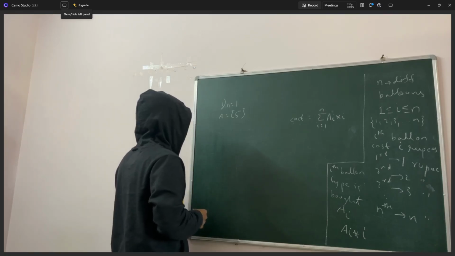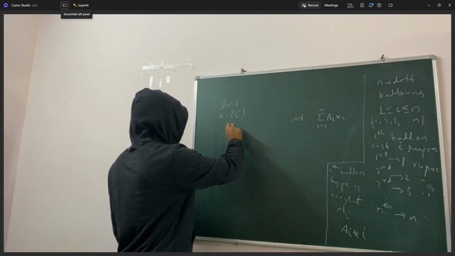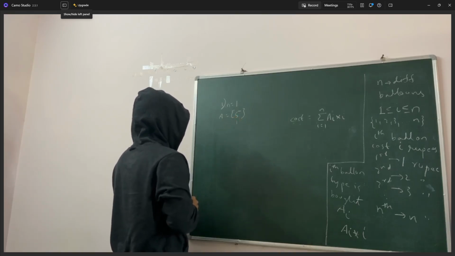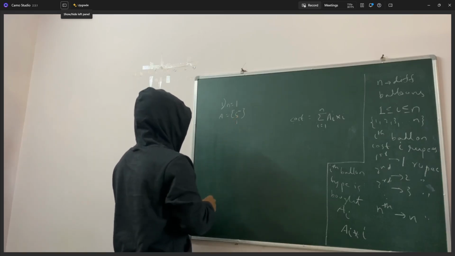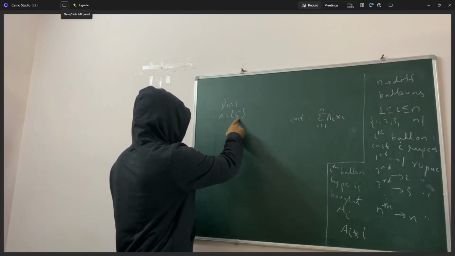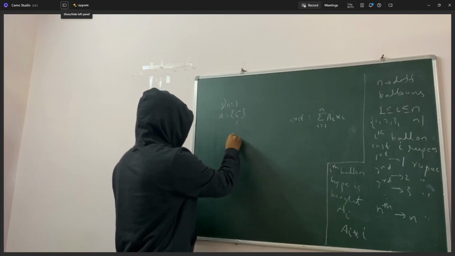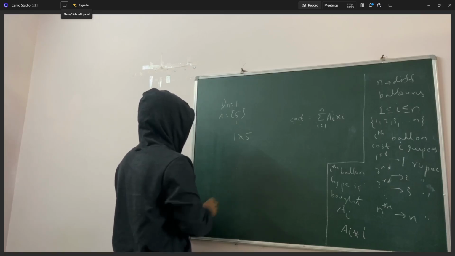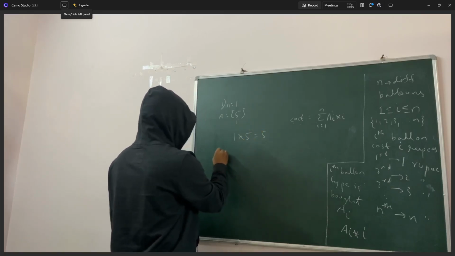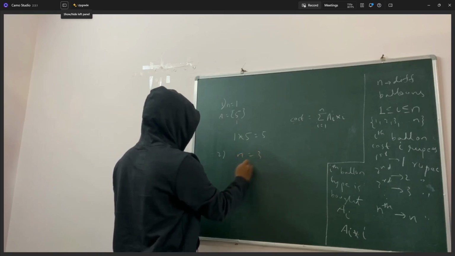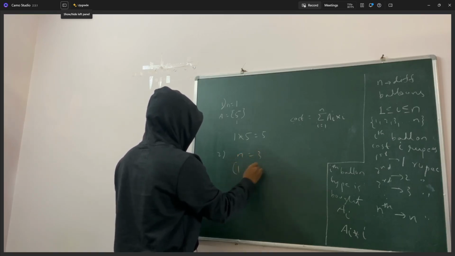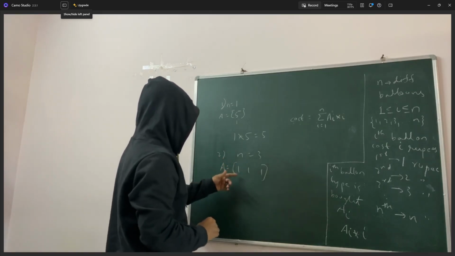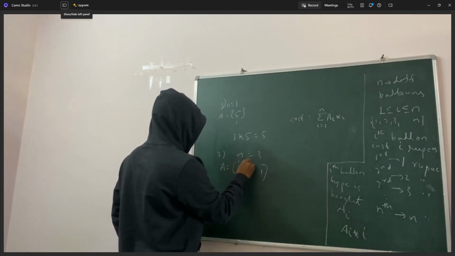What they're saying is you have only one balloon type and it is indexed 1. You have bought 5 items. If you had bought one balloon, it would cost you 1 rupee, but you have 5, so it costs 5. So the cost here is 5. In the second example, they've given 3 types of balloons: type 1, type 2 and type 3.